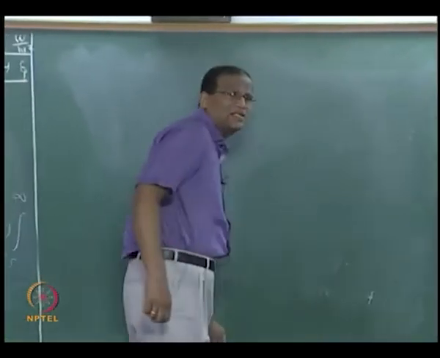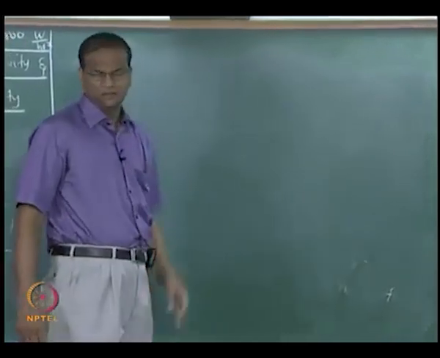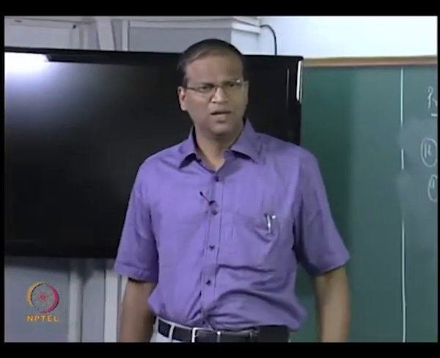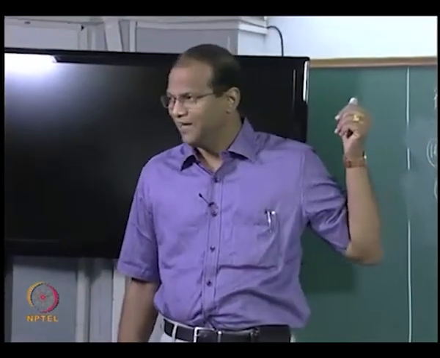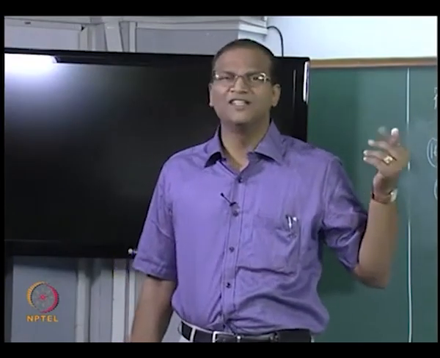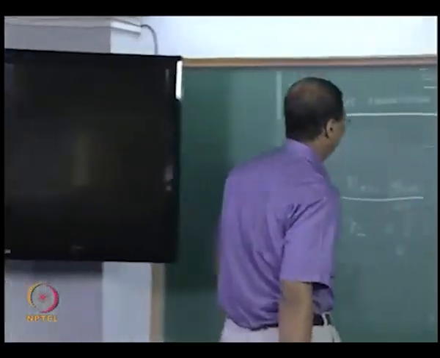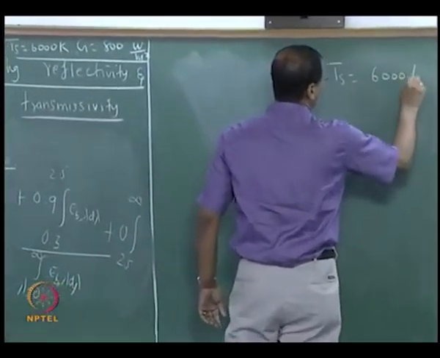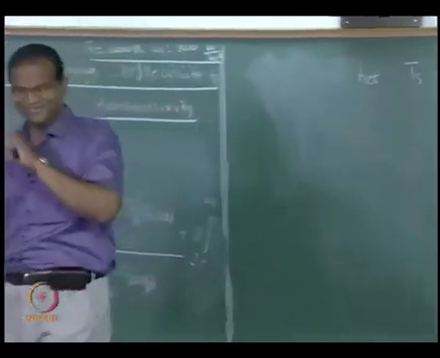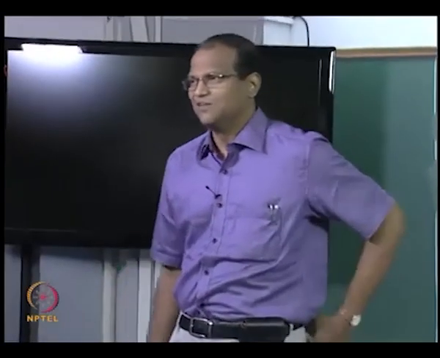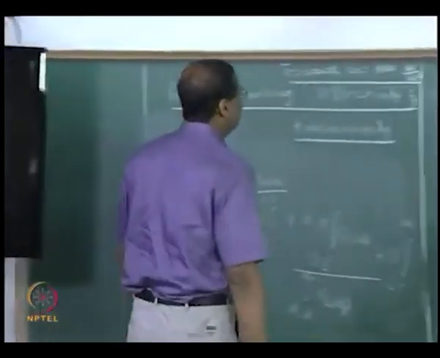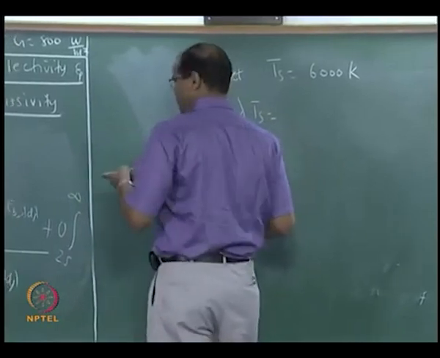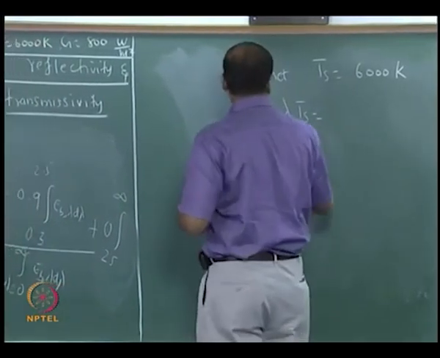Okay. Now, to do this, what did you take T as? I have taken 5800. How many of you have taken 6000? Okay. 6000 is easier, no? But the correct temperature is only 5800. Let Ts be that. We have to get 0.3 lambda 1, right?